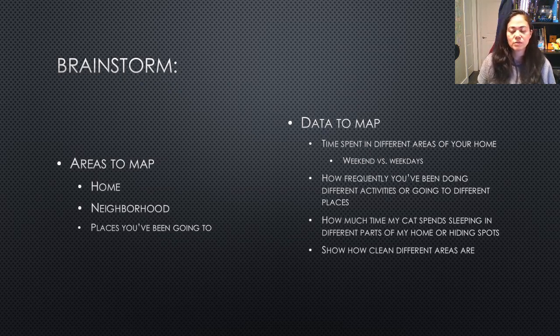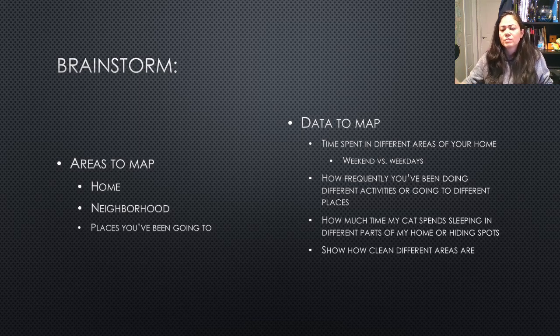Here's some brainstorming we did with some students, and we came up with places you've been going to, your neighborhood, your home, time spent in different areas of your home. You could do weekend versus weekdays, where you spend your time on the weekends versus a weekday, how frequently you've been doing different activities, and how you get around.